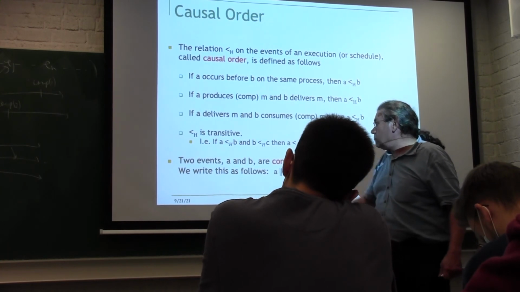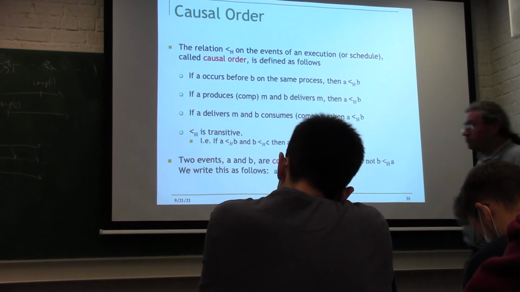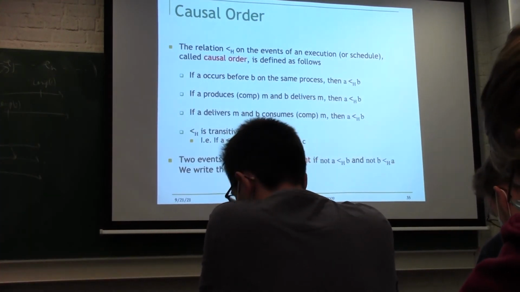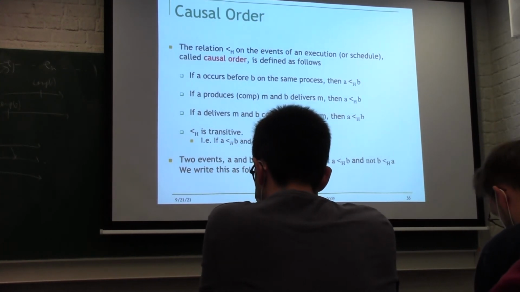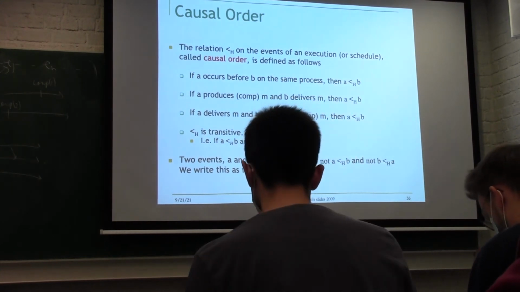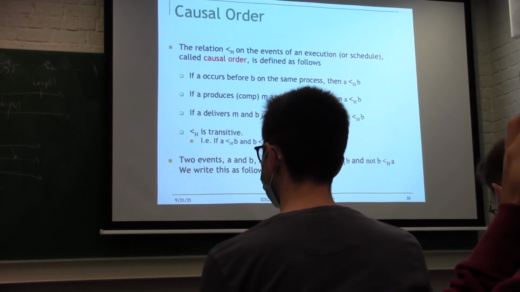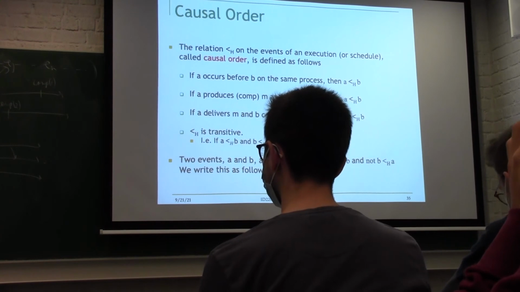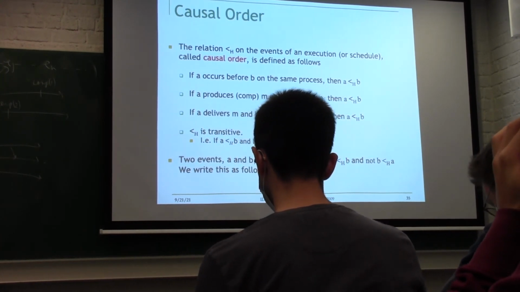So A is concurrent with B. So this is a partial order. You remember the difference between the partial and the total order. A partial order means that there's not necessarily a connection between all pairs. Integers are totally ordered, because every integer will be less than another, or greater than, or equal. Whereas here you can actually have two events that have no connection.